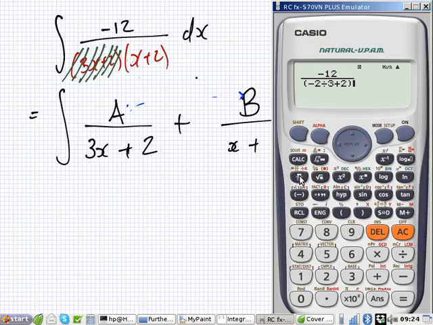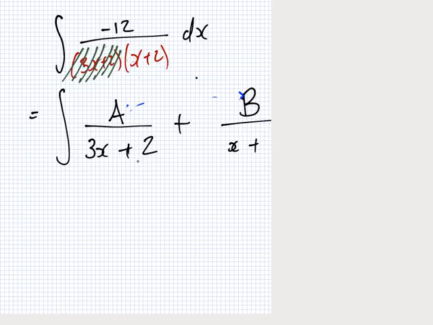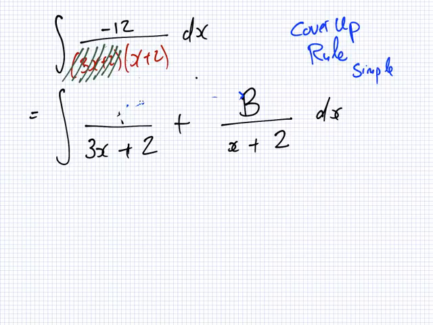Let me just make sure there's nothing weird with the brackets. So this here is minus 9. And then you can do the same thing with the B. That's A is minus 9. You can cover this one up and then put minus 2 into this.